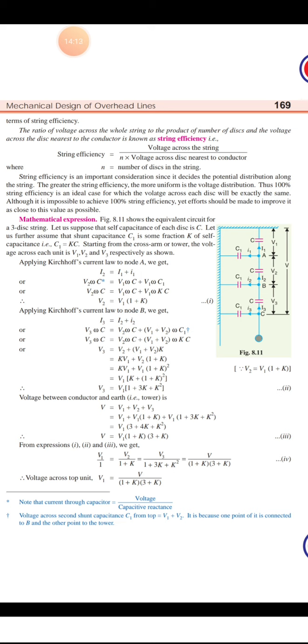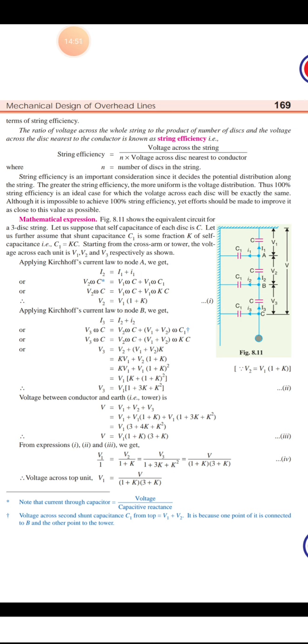The shunt capacitance here is C1, and the series capacitance is C. Without the shunt capacitance, the series capacitances are C, which are the same for each of the insulators. But when we consider the shunt capacitance, there will be C1, another capacitance produced due to the shunt.